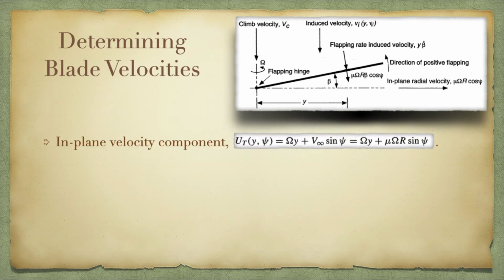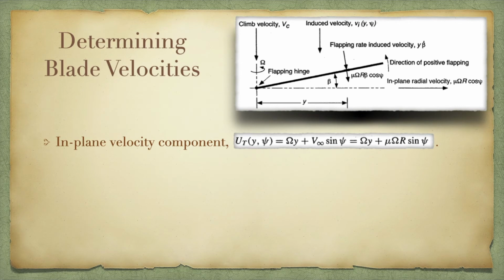That is in-plane velocity component UT, which is a function of y and psi. That gives you UT(y, psi) equal to omega y plus V sin psi, so that is omega y plus mu omega R sin psi.